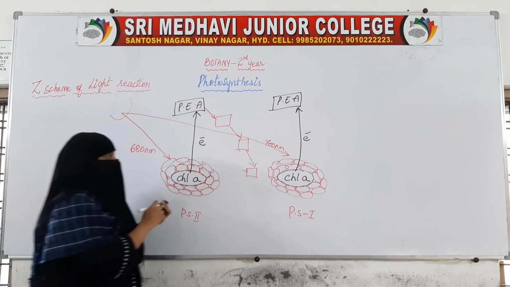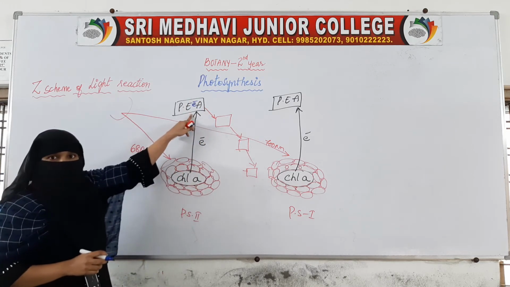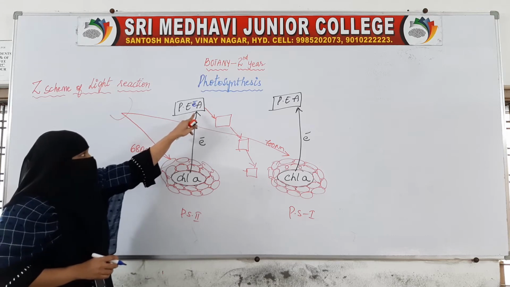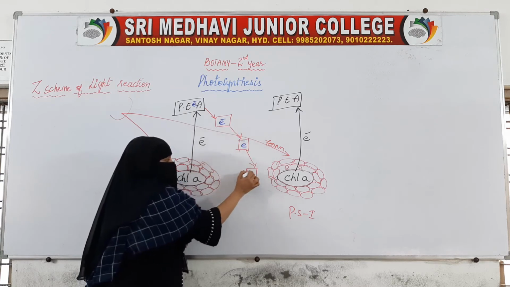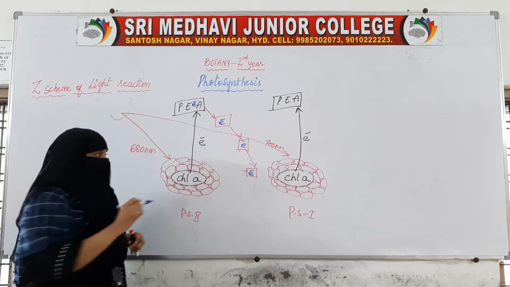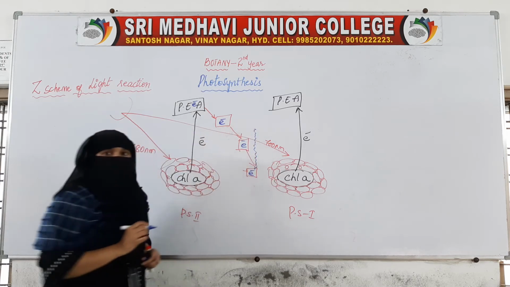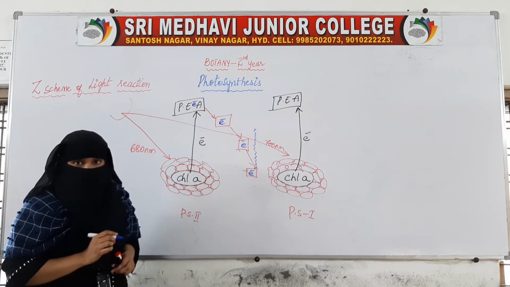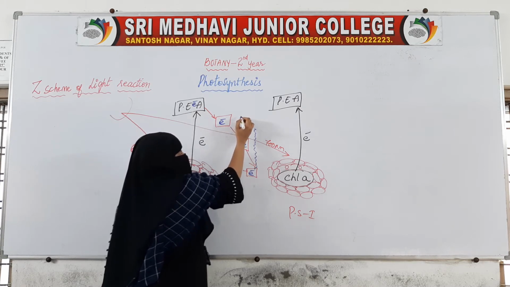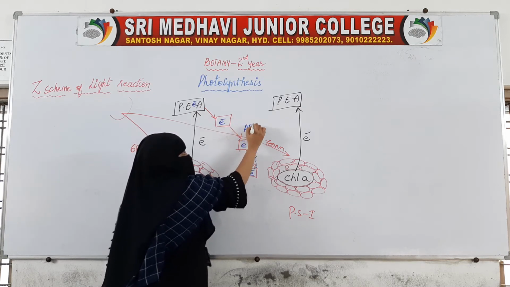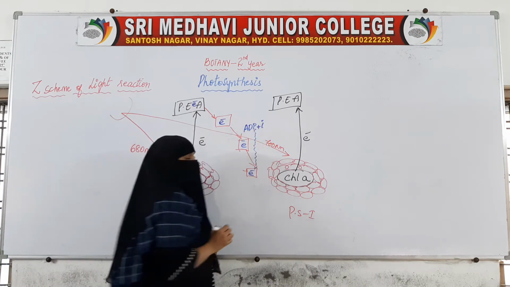Now when the electron was ejected, the electron is here. From here it will pass on to this one, and from here it will pass on to this one. When it comes here, the electron loses energy. This energy will be trapped by ADP. The energy will be taken up by ADP and the inorganic phosphate.